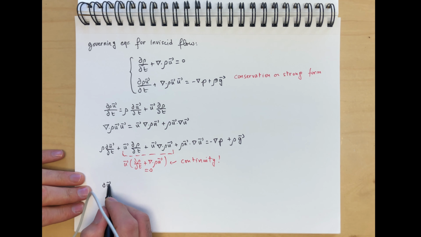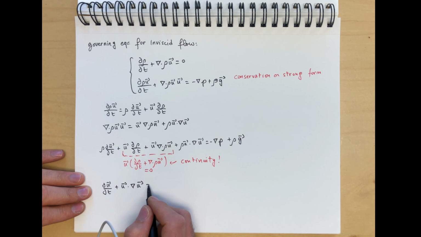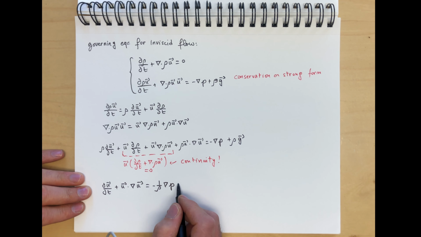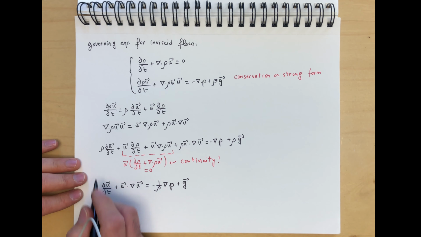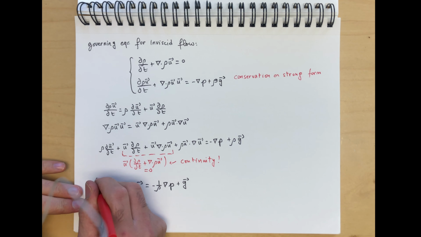It's du by dt. I'm going to divide by the density also. So du by dt plus u dot grad u is equal to minus 1 over rho grad p plus g. That's pretty neat.